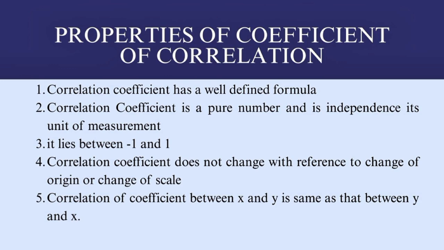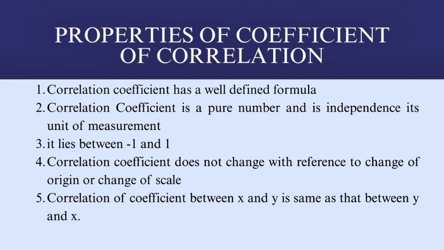The correlation coefficient remains the same even if you change the scale or origin of your data. The correlation between variable A and variable B is the same as the correlation between variable B and variable A. The correlation coefficient is a powerful tool for understanding relationships between variables.